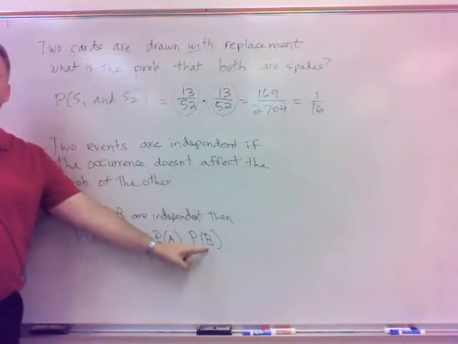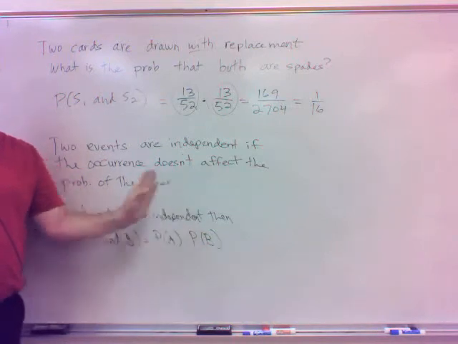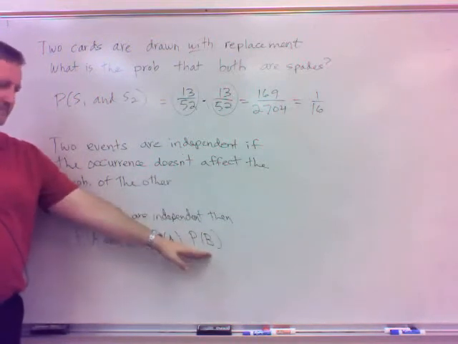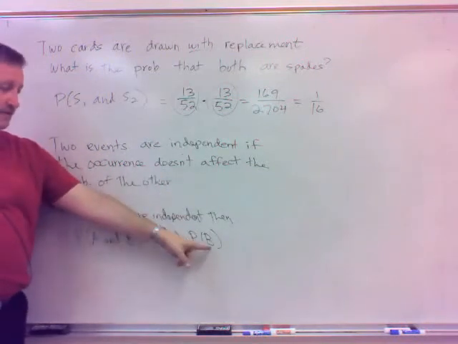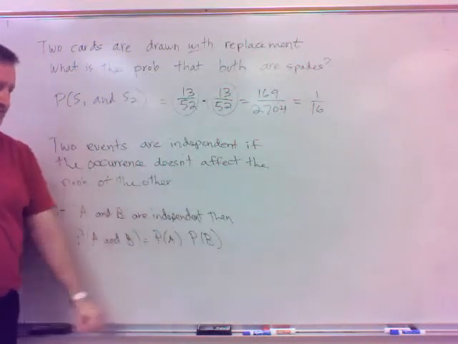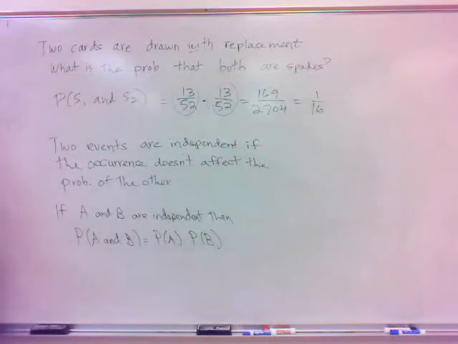You don't have to know anything about conditional probability here. This isn't a conditional probability, is it? So if A and B are independent, because the condition doesn't matter, yeah, you can just do the straightforward probability of A times probability of B. Okay?